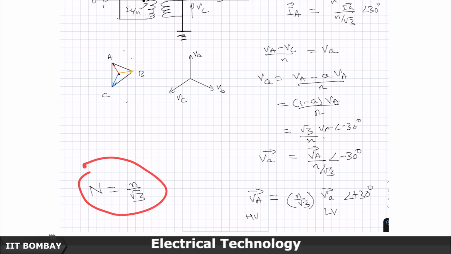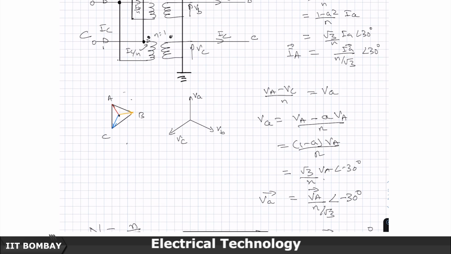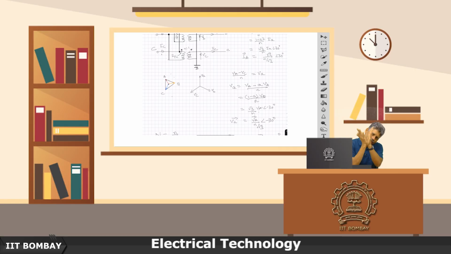That is why this is correct, capital N is equal to n by root 3, and the A phase to neutral HV side leads the A phase to neutral LV side by 30 degrees, and similarly the HV side current also leads the line current on the LV side by 30 degrees. So, the phase shift of 30 degrees that happens with voltage, the same direction and same amount of shift, also happens with current.